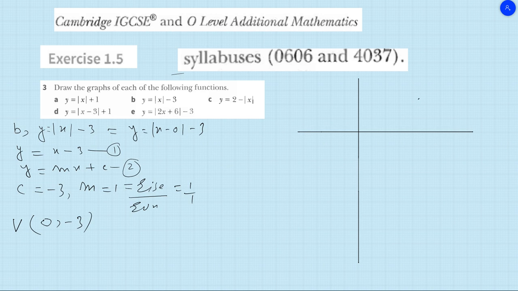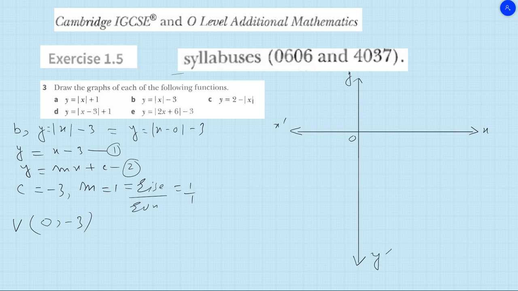Because we need a negative intercept, I left more margin on the negative y-axis. You can see this one, negative y, positive x, positive y, negative x, and this is our intercept.